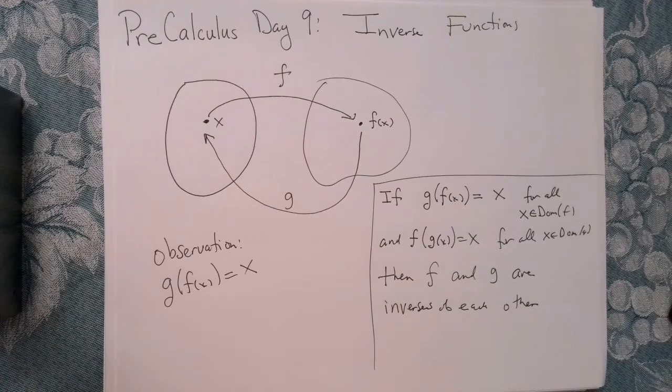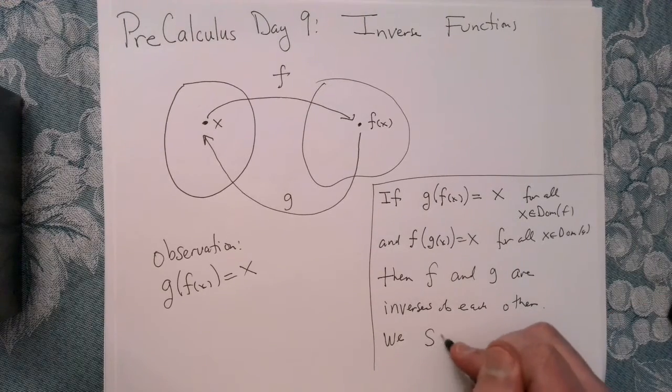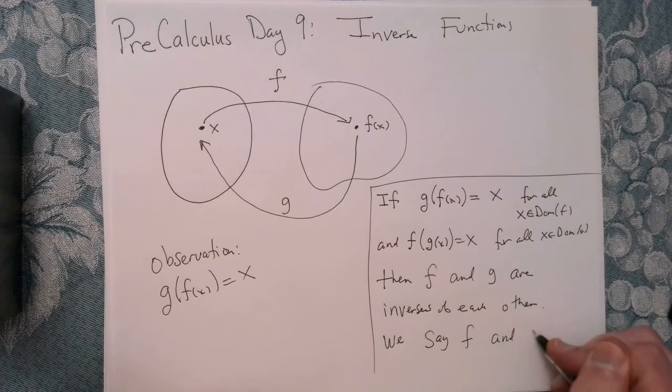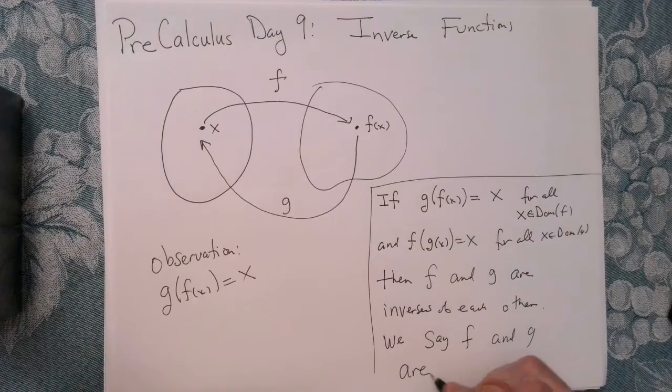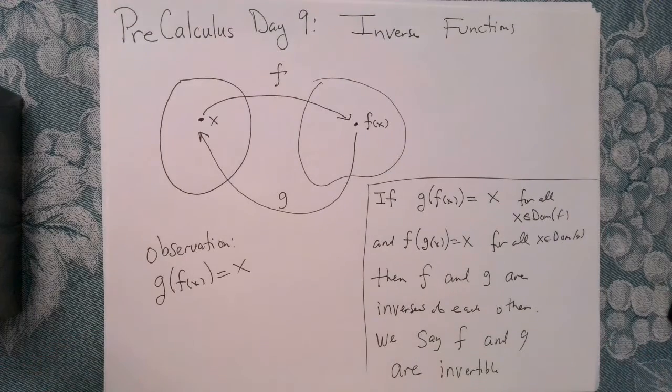And in this case, we would say that f and g are invertible. And so one big question we're going to want to investigate is, well, when is the inverse mapping actually a function?